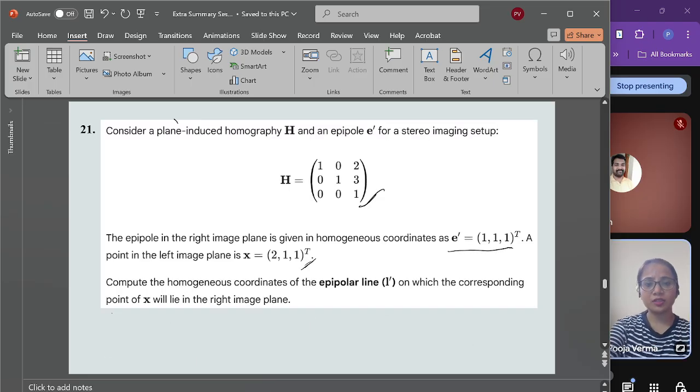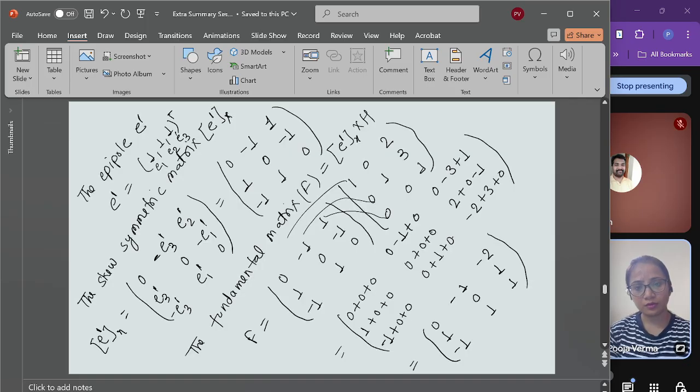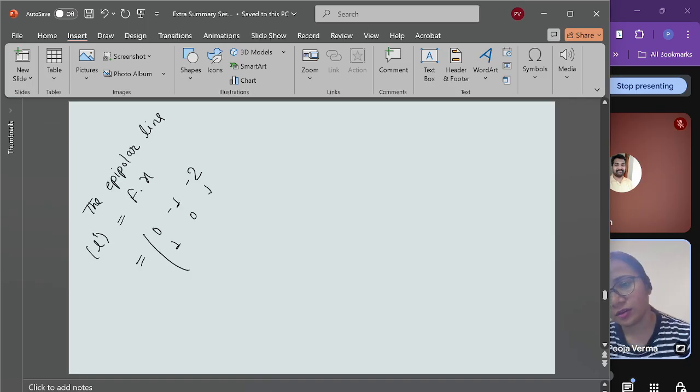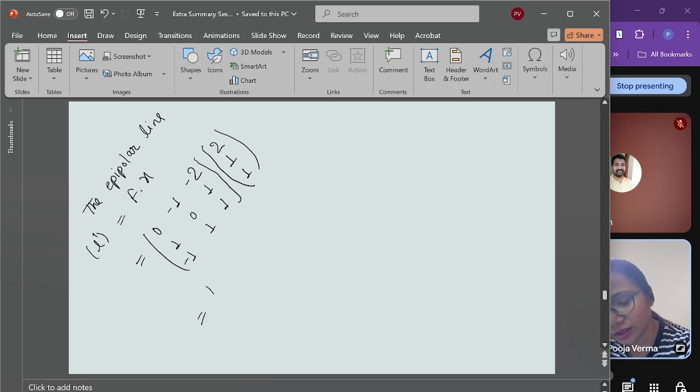I just wanted to show you the x point. The left image plane x is given as 2, 1, 1. Now we will multiply the fundamental matrix by the image point, 2, 1, 1. Our fundamental matrix, just completing it, is 1, 1, 1. So if you multiply these two, just row by column: 0 minus 1 minus 2 here.